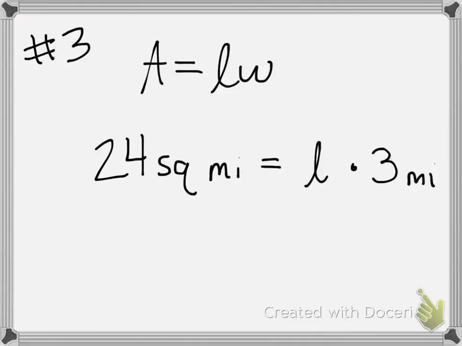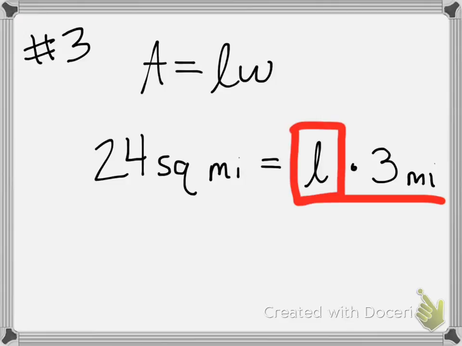So if we look at this side over here, this is L times 3. If we want to get this L by itself, we are going to have to do the opposite of whatever's being done to it. So L times 3, we are going to do the opposite of multiplication, which is dividing.